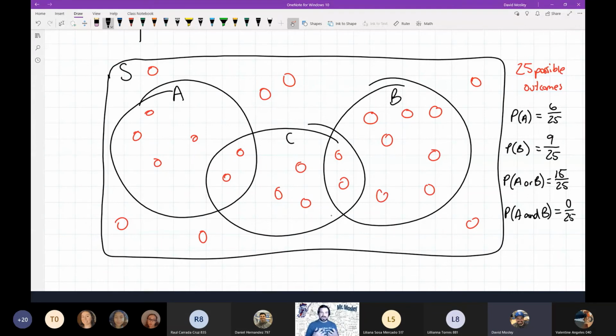They share no common data, all right? If I wanted to say A and C, they have common data points, 2 of them. So that's going to be 2 out of 25.